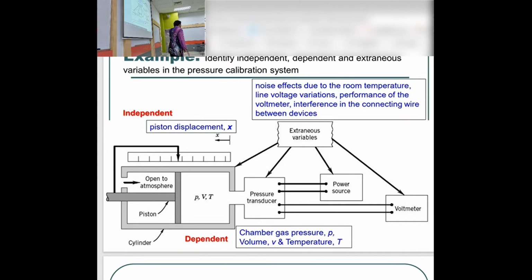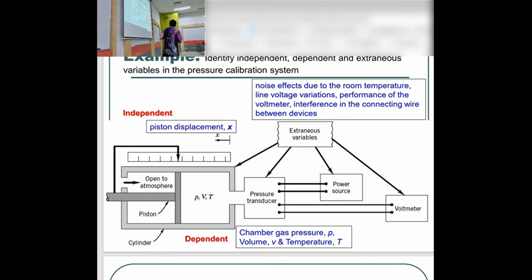Either we push it or not. The pushing part is not a variable, it is just the action from us. But every time the x or displacement, the piston moves, it will give effect to other variables, which are pressure, volume, and temperature. So PVT is the dependent. It is always dependent on the x value.